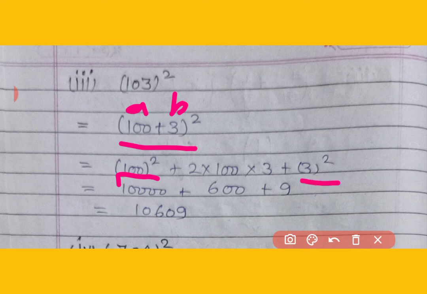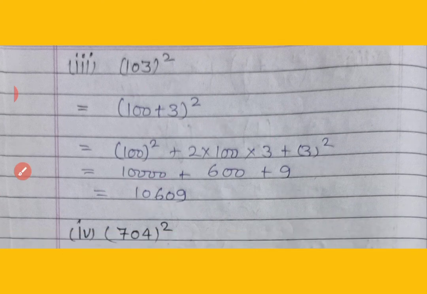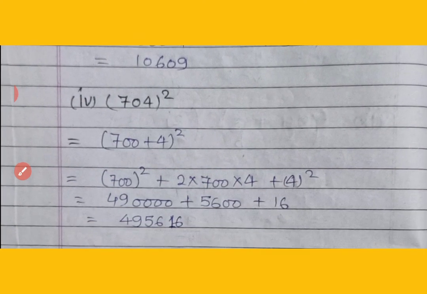Now 2ab, so 2 multiplied with a multiplied with b. So 100 square is equal to 10,000, and 2ab, 2 multiplied with 100 multiplied with 3, became 600, and 3 square is equal to 9. So after the addition of 10,600 and 9, it became 10,609.